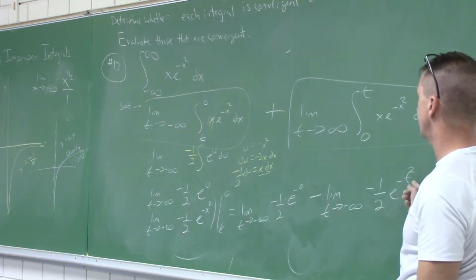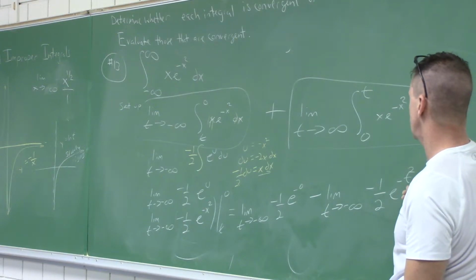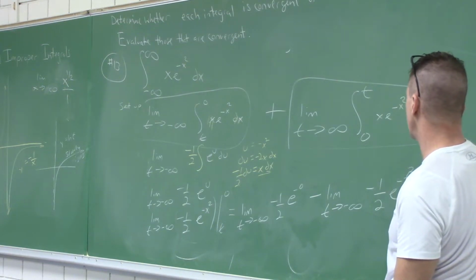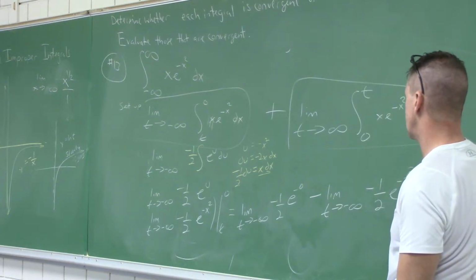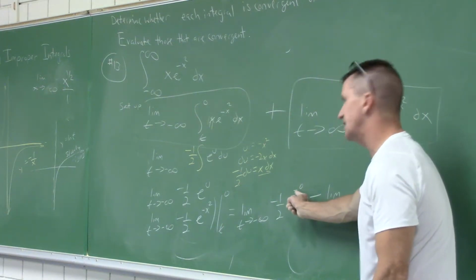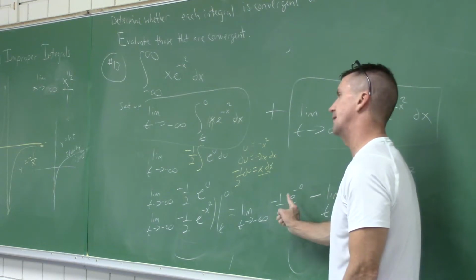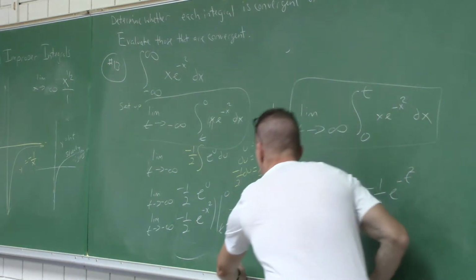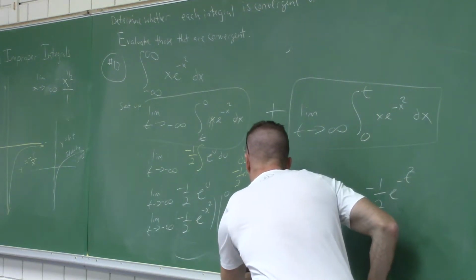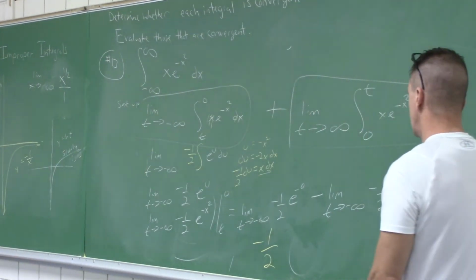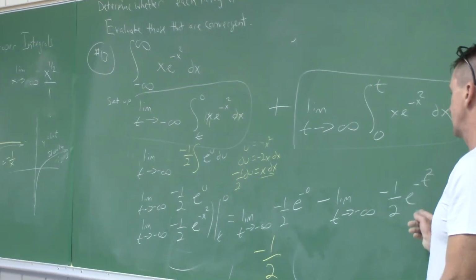Substitute the t, right? Which part's easier? What's e to the negative 0? 1. What's negative 1/2 times a 1? Okay, so we do the easy part first. You're just negative 1/2.